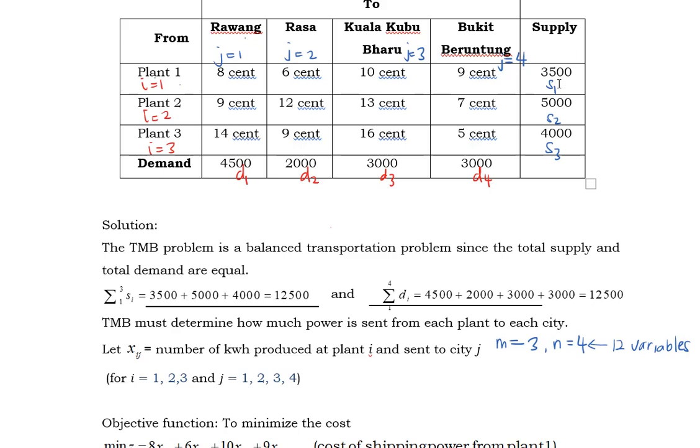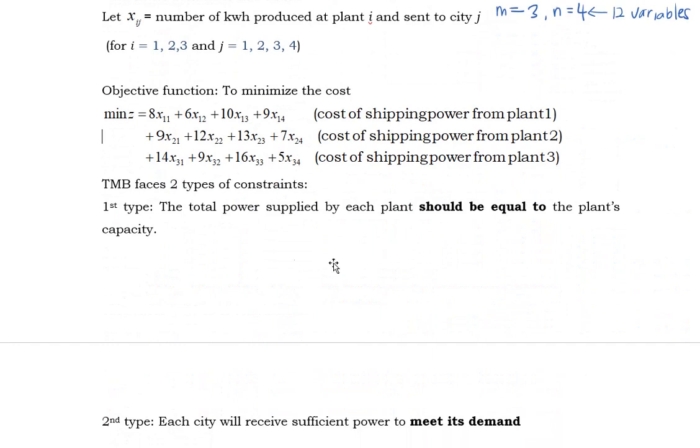Therefore, the constraint can be expressed as x11 plus x12 plus x13 plus x14 equals 3,500. This is the constraint of plant 1.